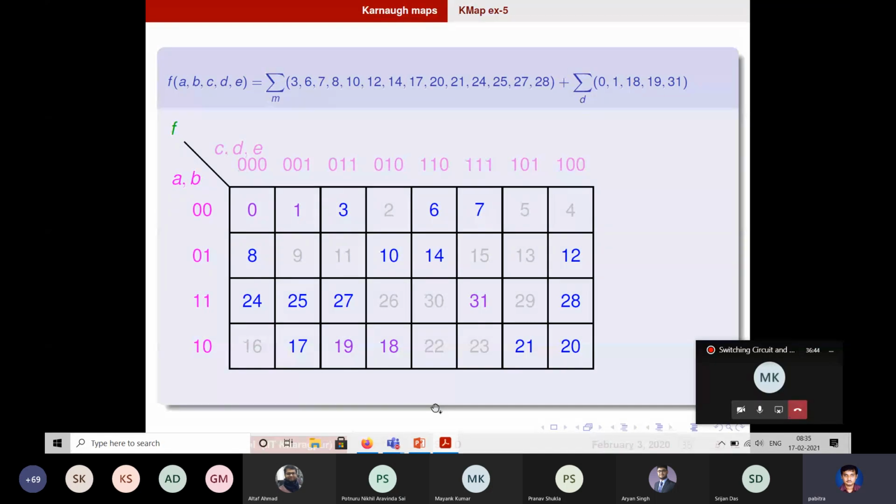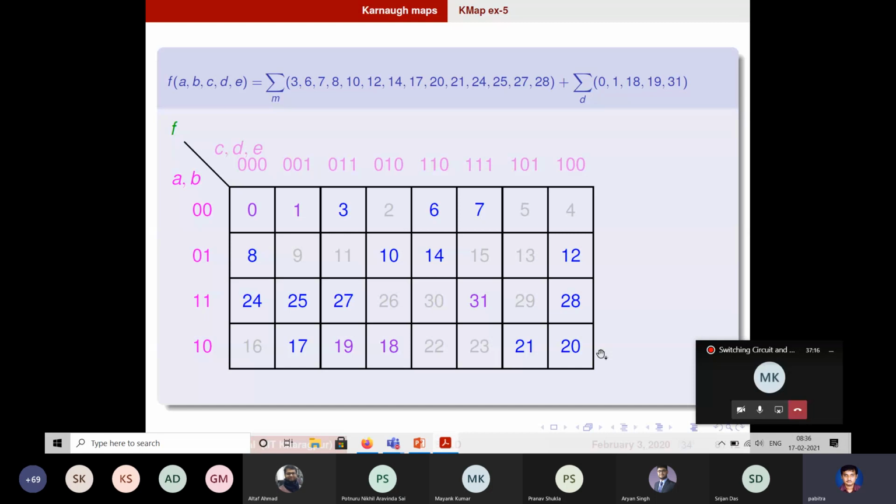Similarly, anything else? What about this 0, 1 and 21, 20? Does it help? 0, 1, 21, 20.